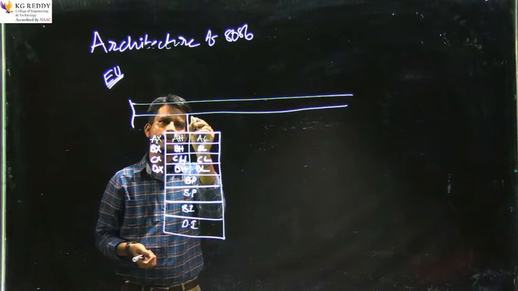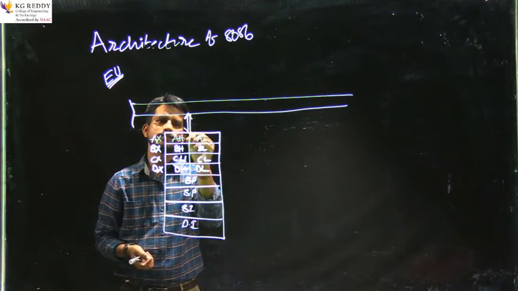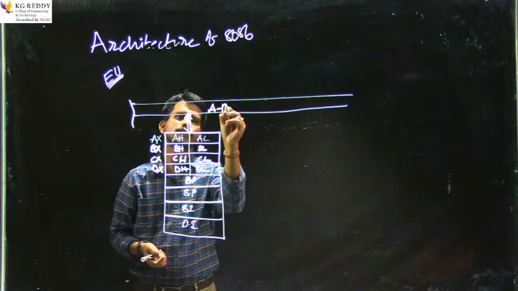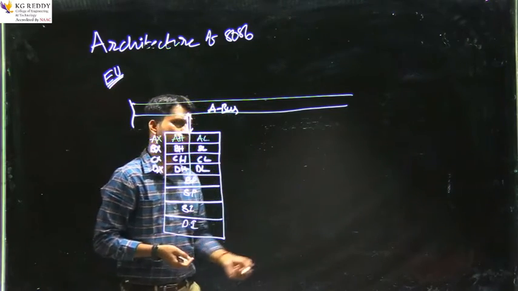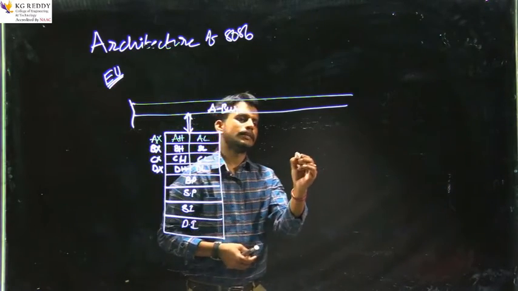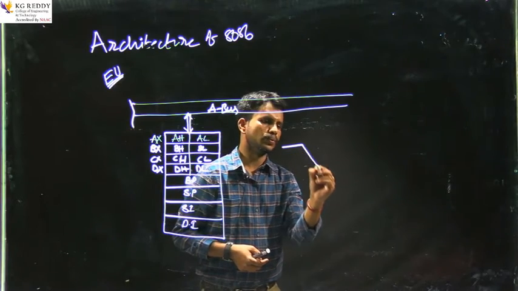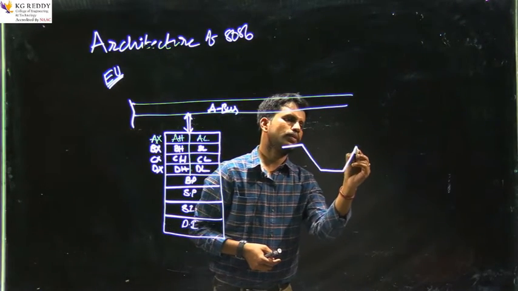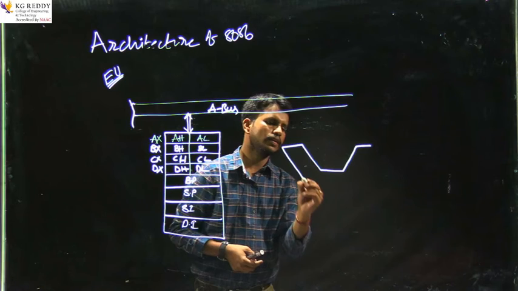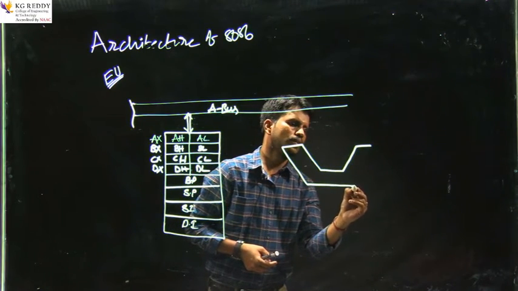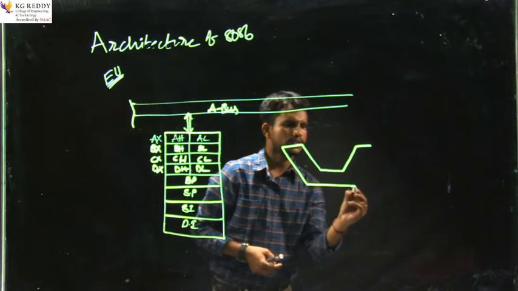This is a bidirectional bus, and this is the A bus. Earlier I showed you the BIU below, and here it is the ALU, which can perform all the arithmetical and logical operations, or basically all the computations.